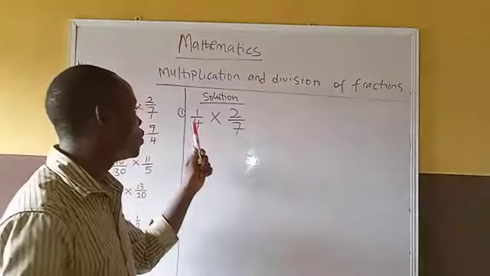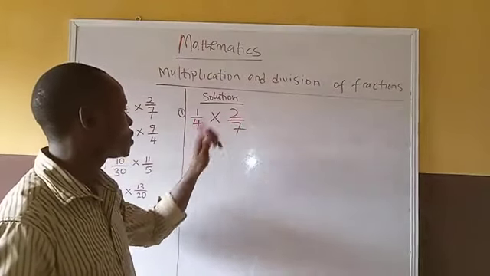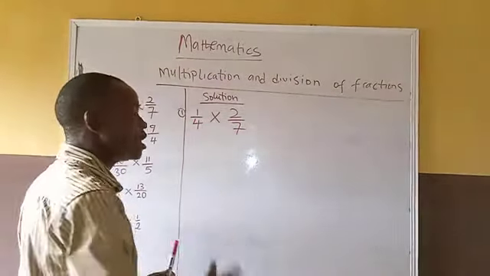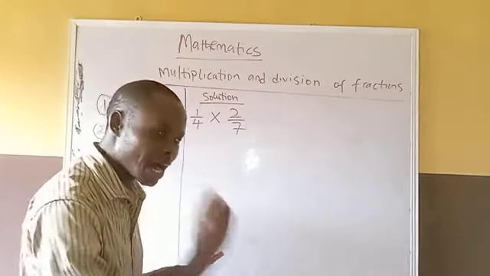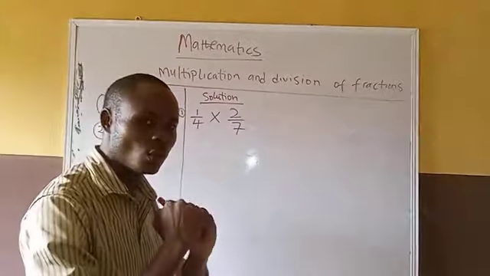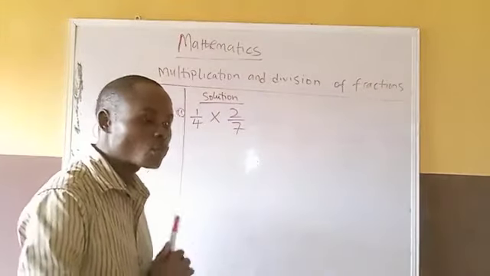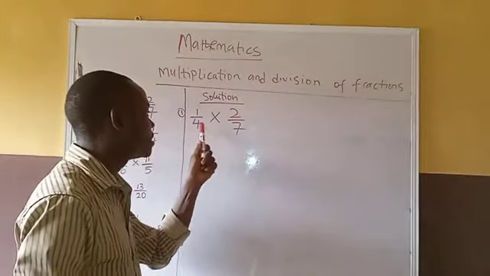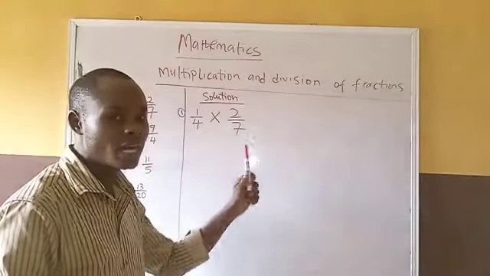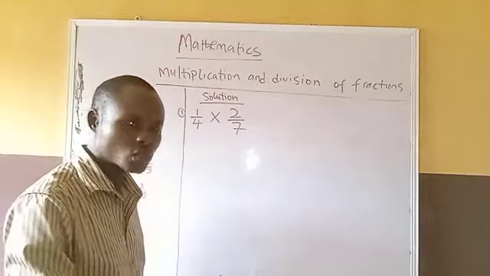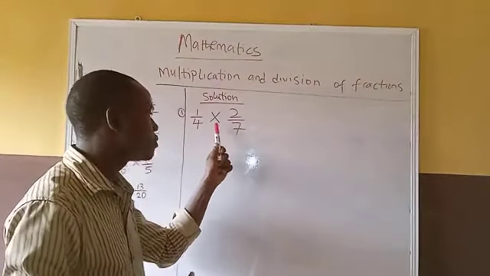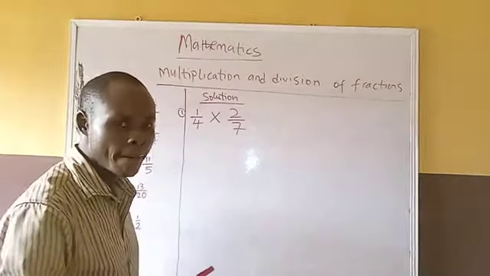In case you want to solve a question like this, because it's multiplication, you don't need to crack your brain. In addition and subtraction, you first look for the LCM, but as far as it is multiplication, you don't look for the LCM. Please, let's note this: it's only when you have plus or minus that you can use your LCM.